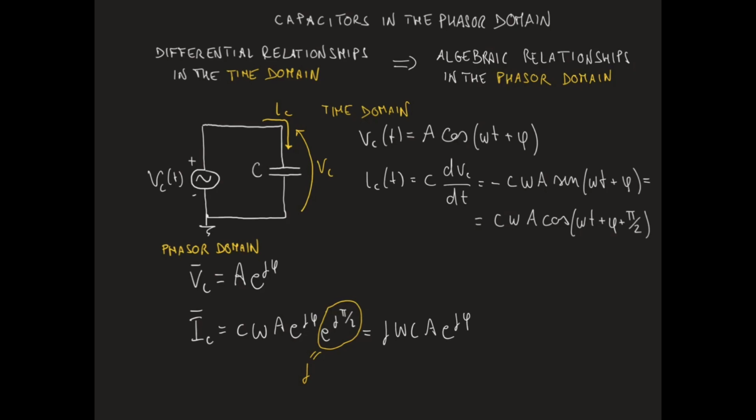But A e to the j phi is Vc bar, so eventually IC bar can be written as j omega C times the voltage phasor Vc bar.